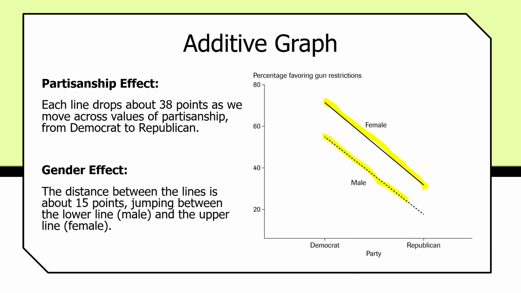The two lines are separated by the gender gap, and we estimated that gender gap at about 15 points, a reasonable, accurate partial effect for the effect of gender on gun control opinions controlling for party. So this is a visual signature of additive relationships. They have a symmetrical calculation when you look at the partial effects, and they have a symmetrical appearance when you graph them.